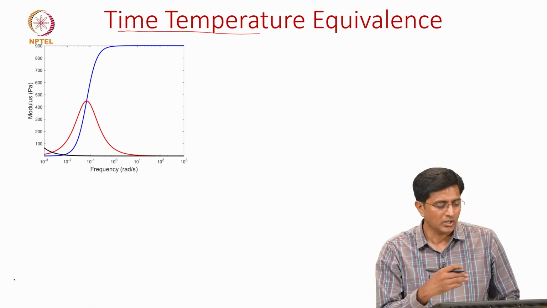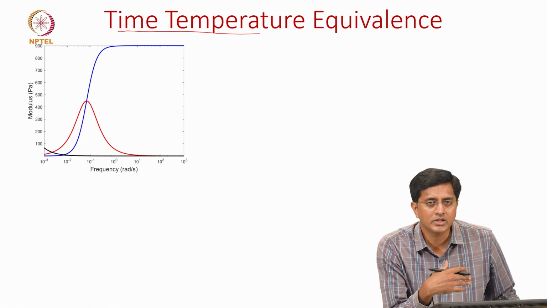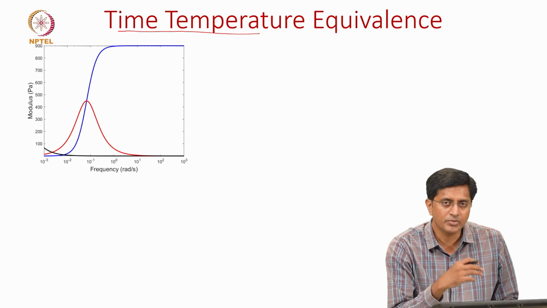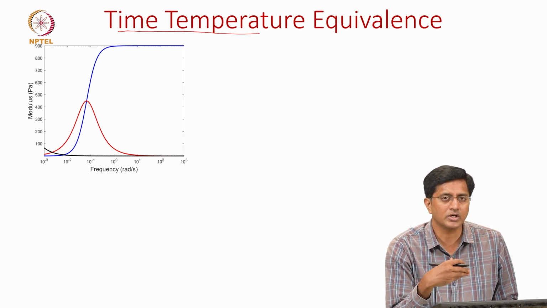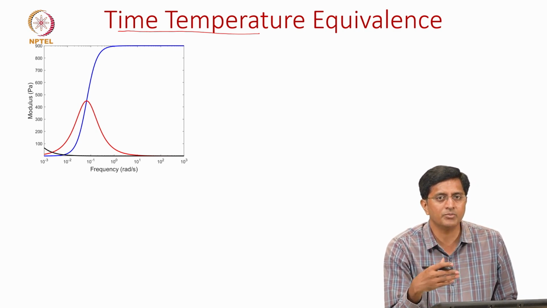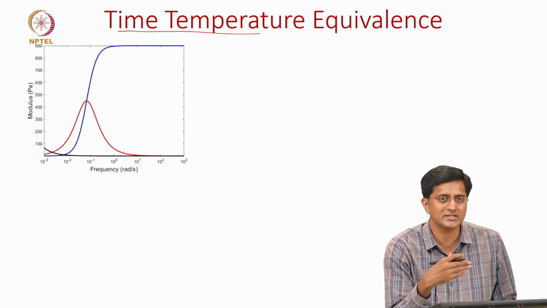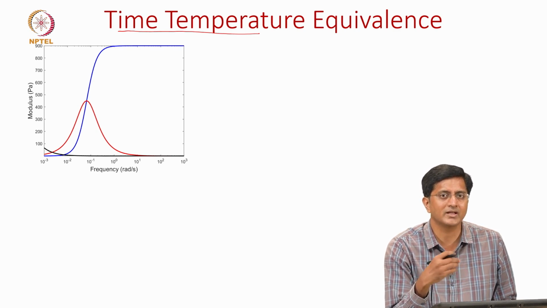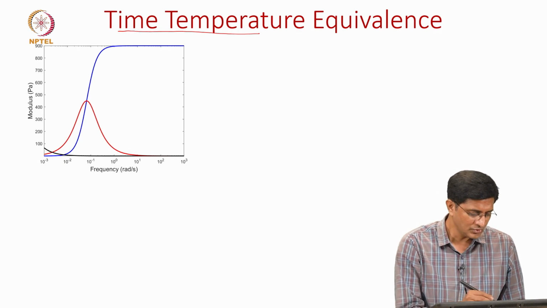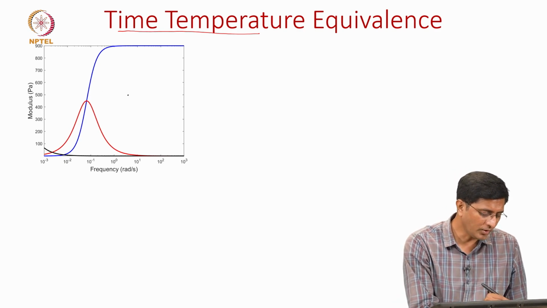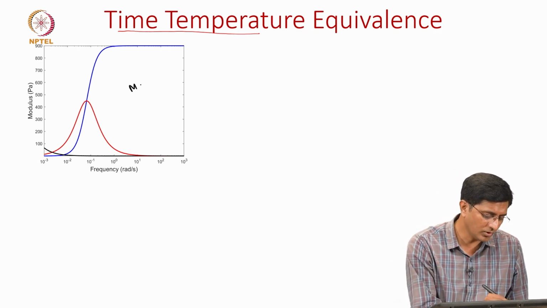I will again be using the information we discussed in the previous video, where we discussed DMA and DMTA, which are the dynamic mechanical analysis as well as the dynamic mechanical thermal analysis. So, if you recall, the plot here is for the Maxwell model.